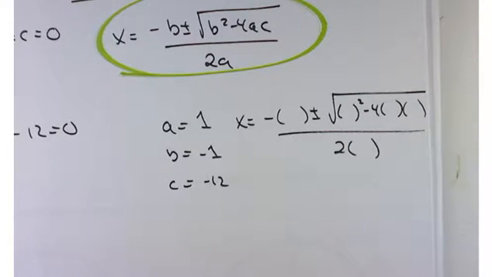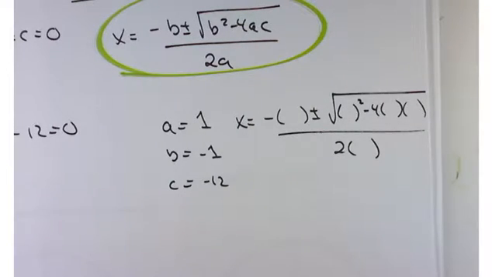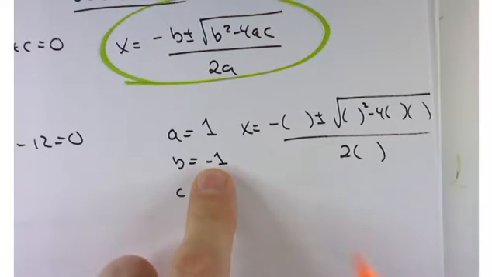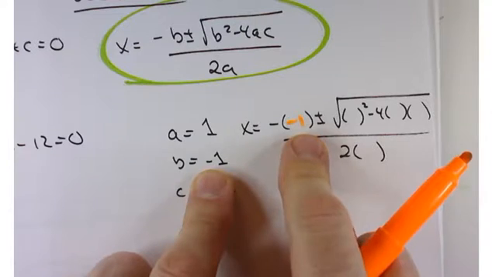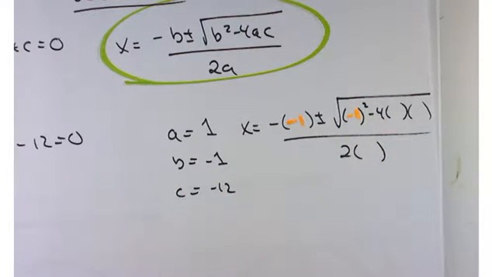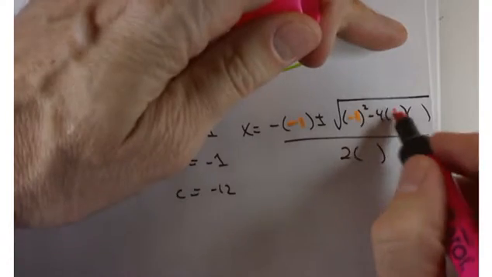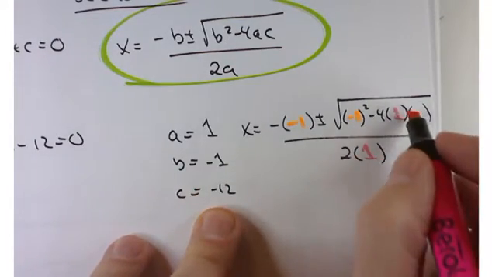The reason for that is because, especially when you have negative numbers like you do for b and c, it's very easy to miss a double negative, like right here. The negative of negative 1. Plus or minus negative 1 squared. Minus 4 times a, which is 1, times c, which is negative 12.